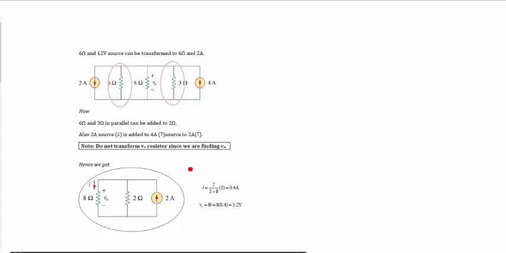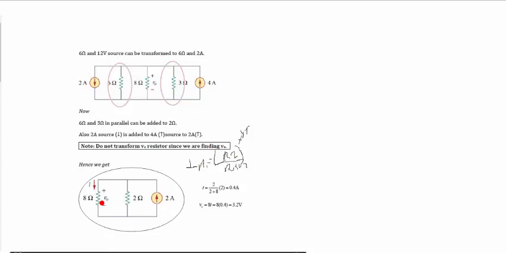If we are finding the current I across resistor 1, the formula is R2, the opposite resistor, on top, upon R1 plus R2, and then we multiply this whole thing by the total current in the circuit. This is known as the current divider rule.